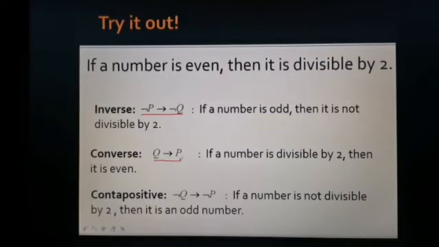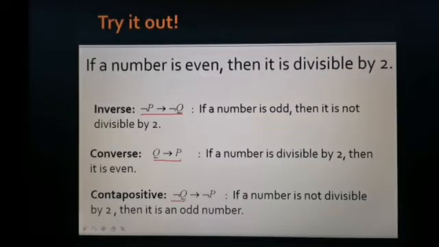So it seems it's just like a combination between inverse and converse. So the symbol for the statement, if not Q, then not P. Now, the statement will become, if a number is not divisible by 2, then it is an odd number.